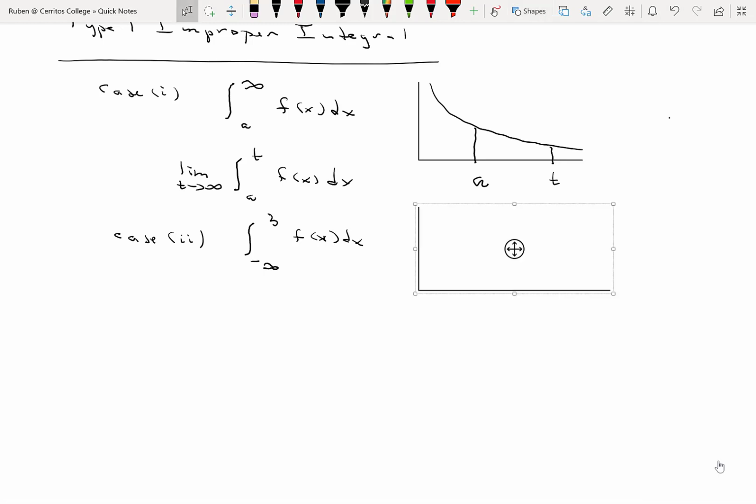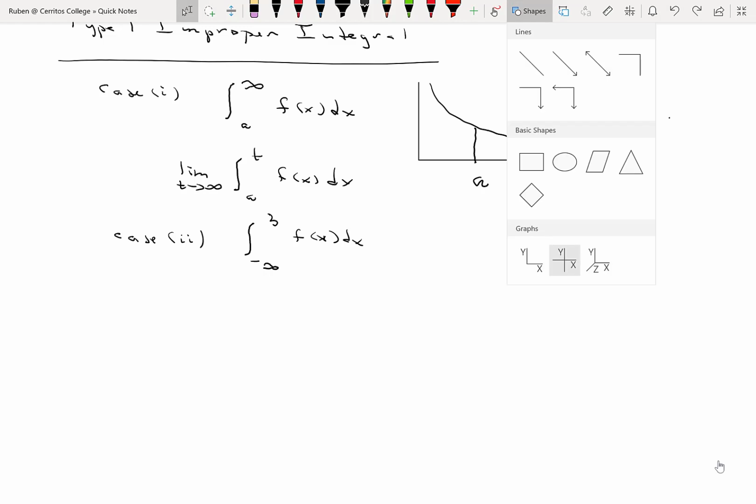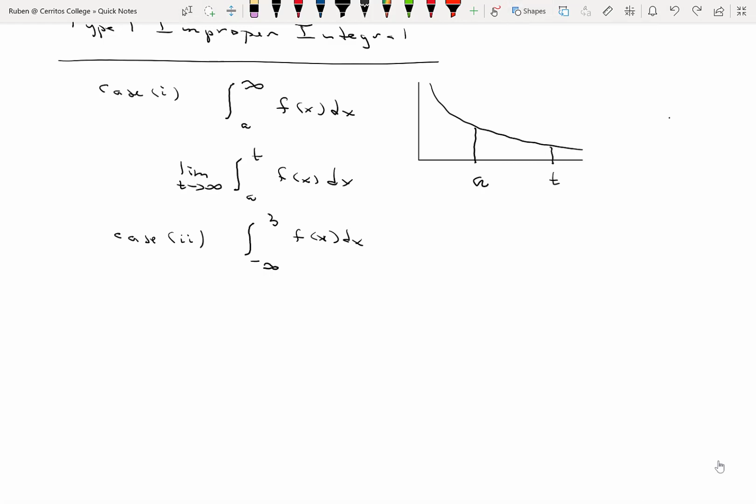I need to change things up a little bit. The lower limit of integration is negative infinity, so it corresponds to something like this.